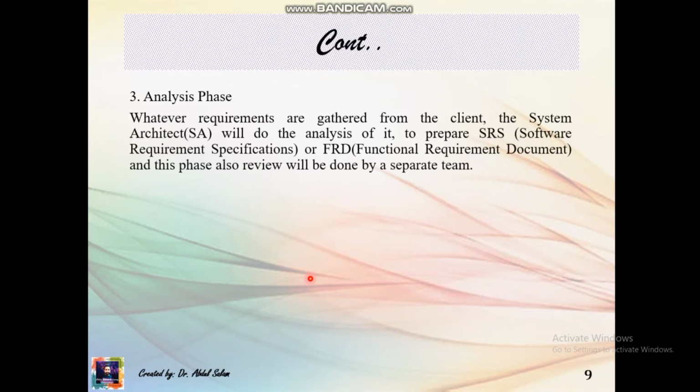Whatever requirements are gathered from the client, the system architect, SA, will analyze them to prepare the SRS, that is software requirement specification, or FRD, that is functional requirement document. In this phase also, the review will be done by a separate team.